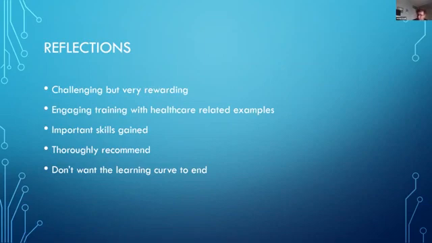In terms of training, I find it very engaging with the healthcare-related examples. I've been on past training courses where I spent a lot of time afterwards trying to figure out how to apply it to real world problems in healthcare, whereas it's all done for you in the HSMA programme. And certainly the project has given me an opportunity to apply that learning to a real world problem.